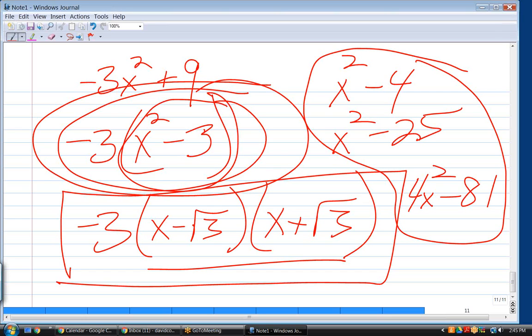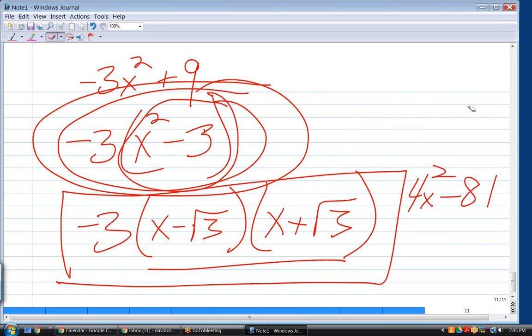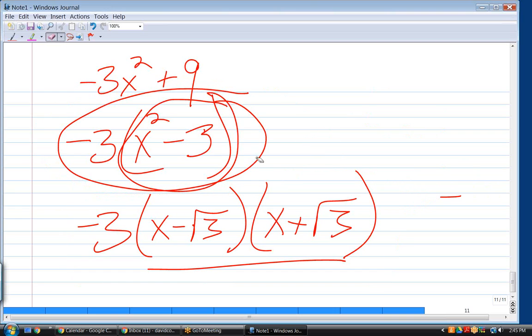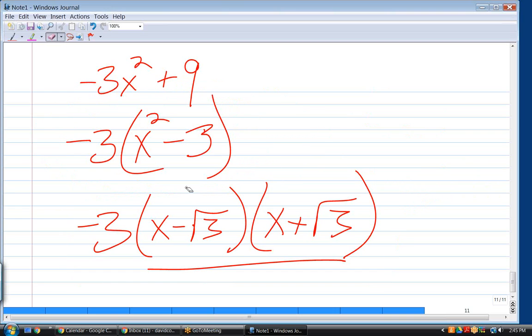But it still factors into square root of 3. It's just a question of at what point in algebra that they teach you that. It becomes more significant when you get into calculus, where you really do need to factor something like that. That's why I wasn't sure what your final answer was going to be.